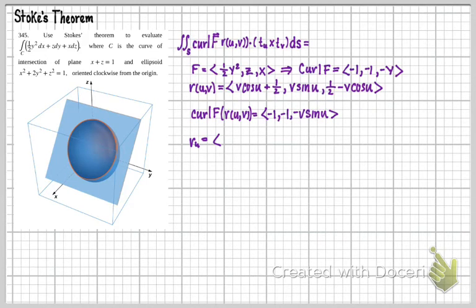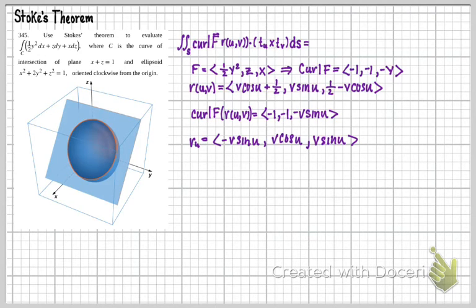So R with respect to U for the first component, it's going to be negative V sine U. And then for the middle component with respect to U, it's going to be V cosine U. And then the derivative with respect to U for the third component is going to be minus a negative, so V sine of U, positive. So that's what we end up with, and that's going to be our RU.